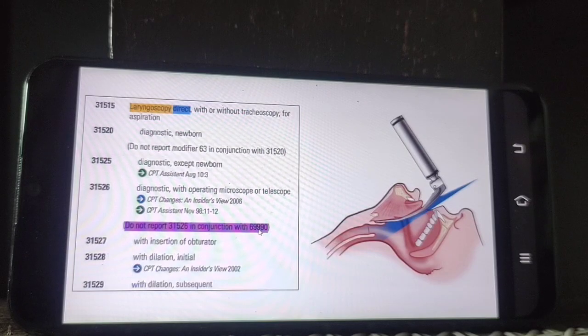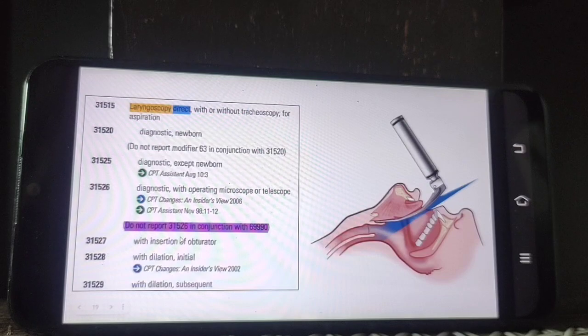In this code description, by default, the code is for microscope or telescope. That's why there is no need to report the 6 series along with 31526. Did you understand? Yes, ma'am.